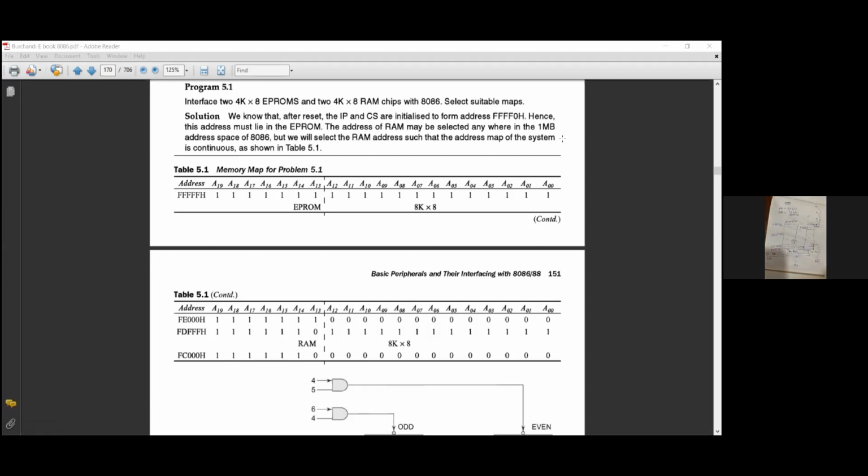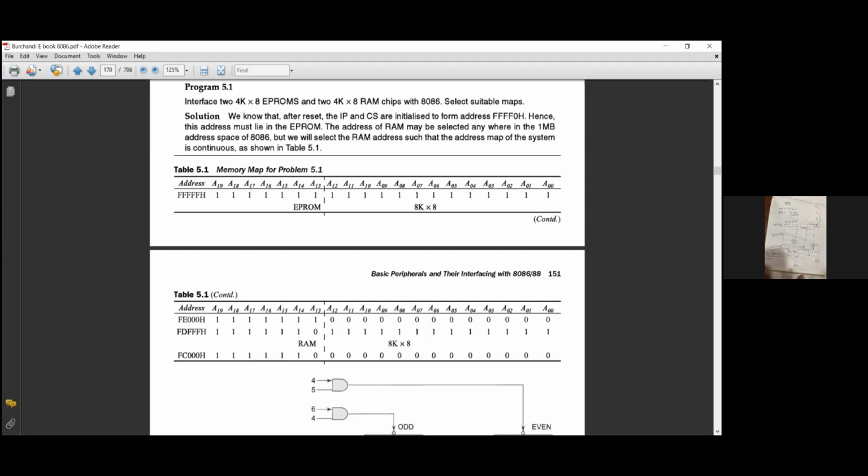Total memory is always divided into two parts. So whenever you are interfacing in 8086, remember two ICs are always required: one for the odd bank and another for the even bank. With respect to 8085 we can install just one memory chip, but in 8086 you always require a pair. In these questions you see two 4K into 8 RAMs.